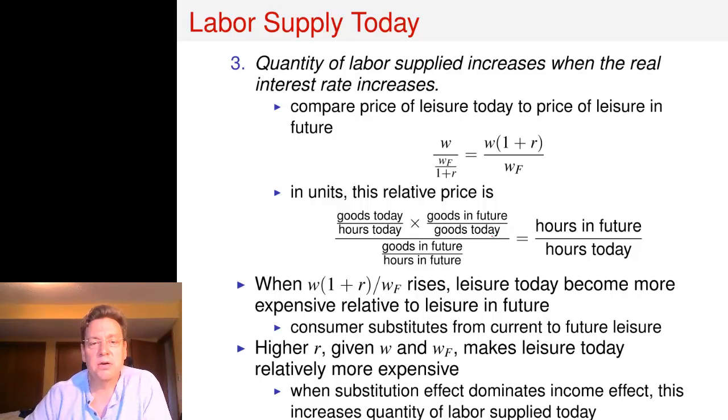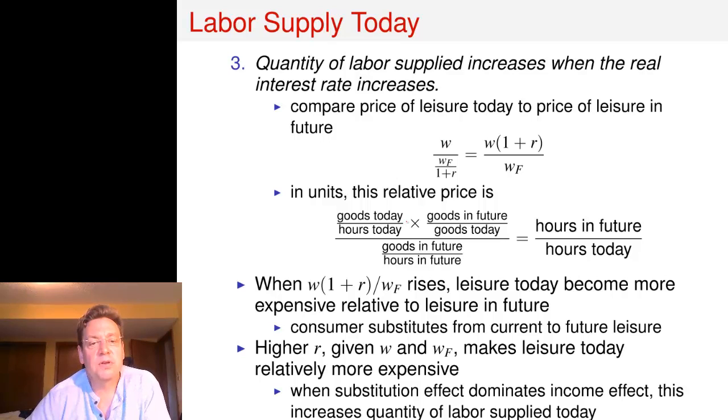In the numerator, we have the opportunity cost of leisure today, which is just the wage today. And in the denominator, we have the present value of the opportunity cost of leisure in the future. So this ratio tells you something about what the price of leisure today is relative to leisure in the future.